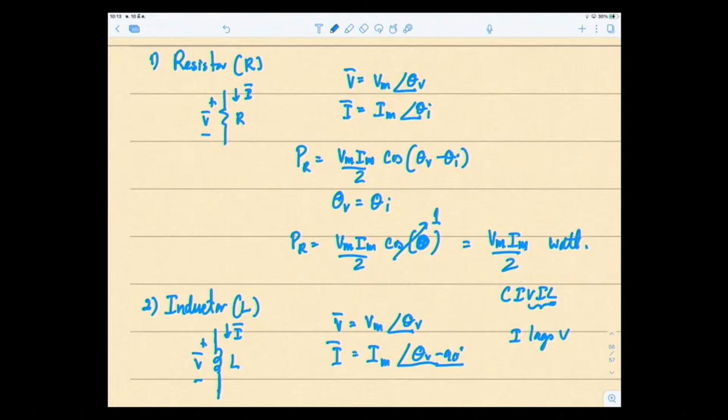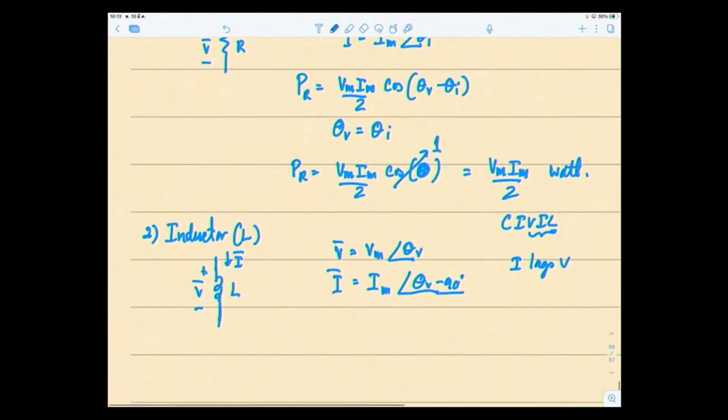When you substitute it into the average power formula, it becomes Vm times Im over 2 cos of theta V minus theta I, which is theta V minus 90 degrees.